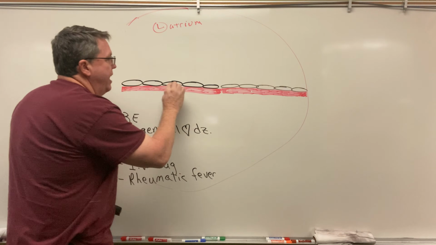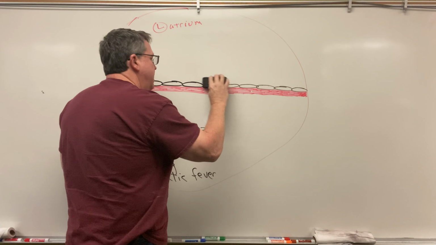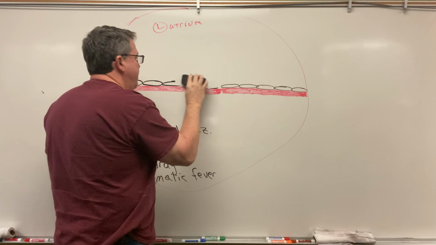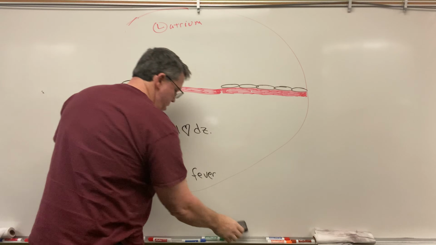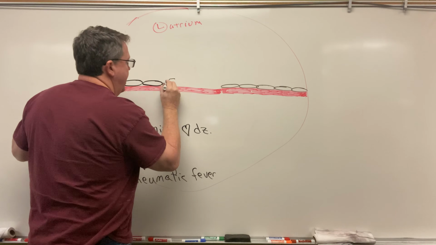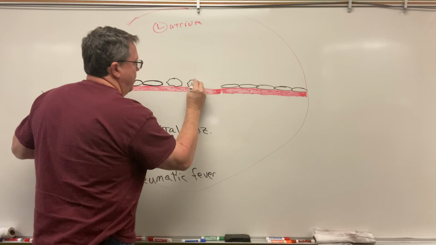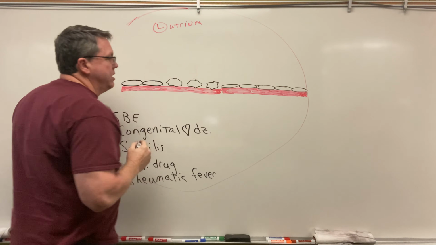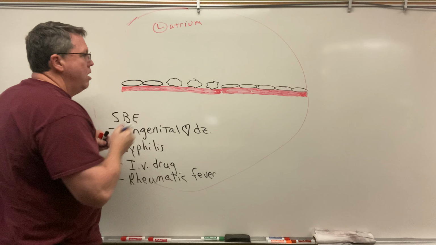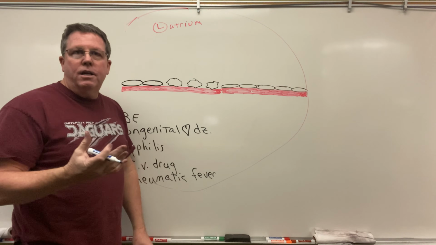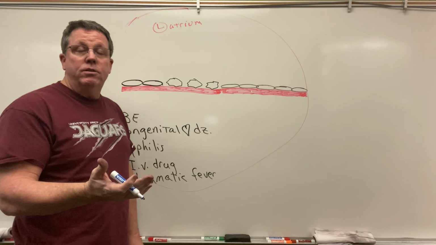So instead of these endothelial cells being nice and flat, they are damaged. So now here's my damaged endothelial cells. Here's what's going to happen when these get damaged. It's basically like when you get a cut on your skin, you form a blood clot, right?